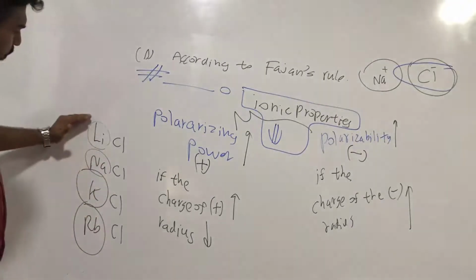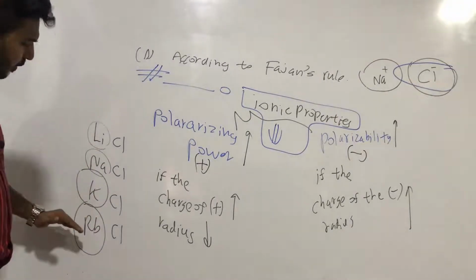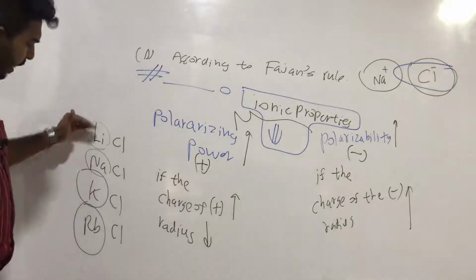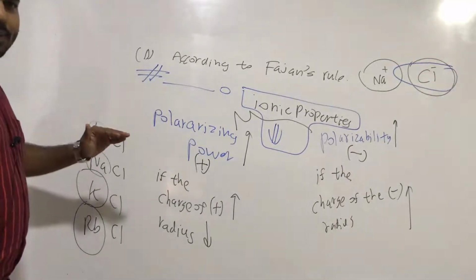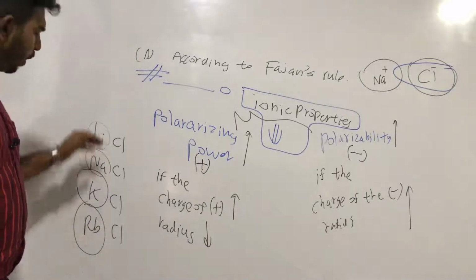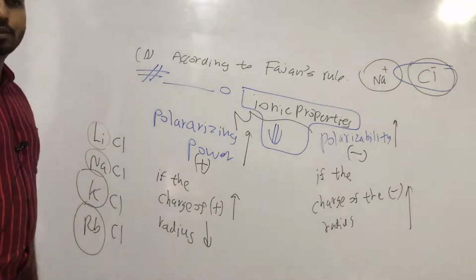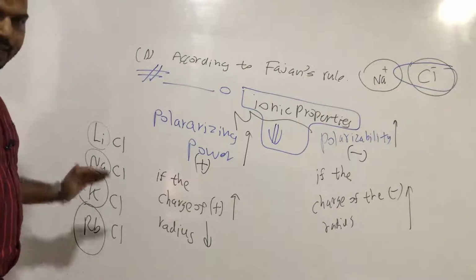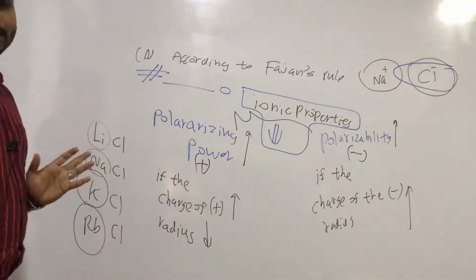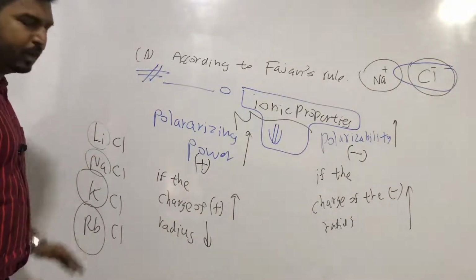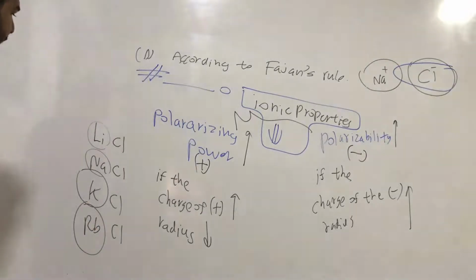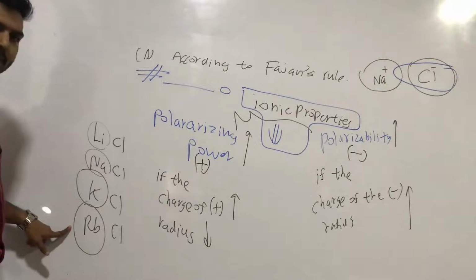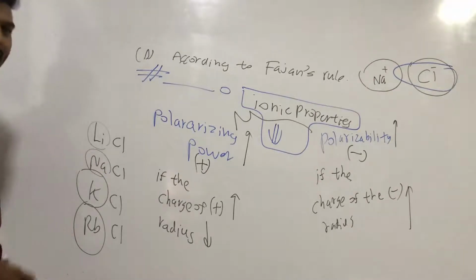So when radius increases downwards, polarizing power decreases. That means ionic properties increase. When polarizing power decreases, ionic properties increase. So we can say this rubidium chloride has the highest ionic property.